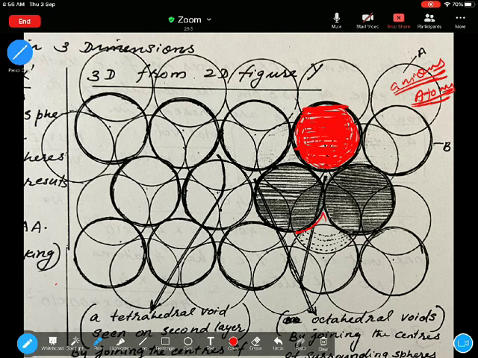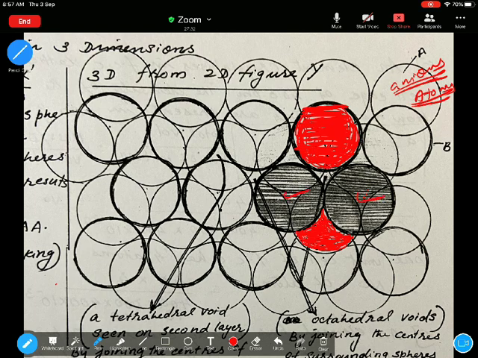You consider this as the down one. Only this red portion you are able to see. So 2 balls are over. Now 4 balls are remaining. What are these 4 balls? These black shaded 2 balls, and behind them first layer balls.